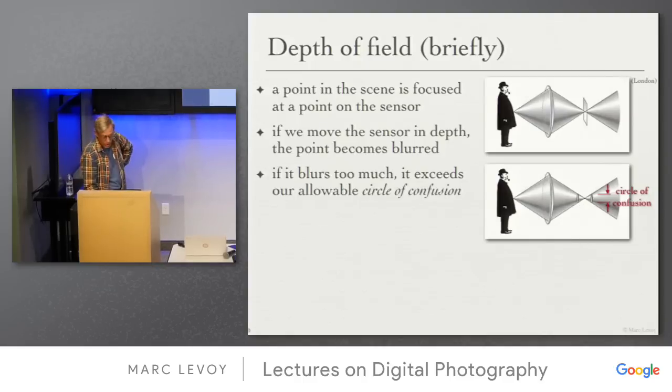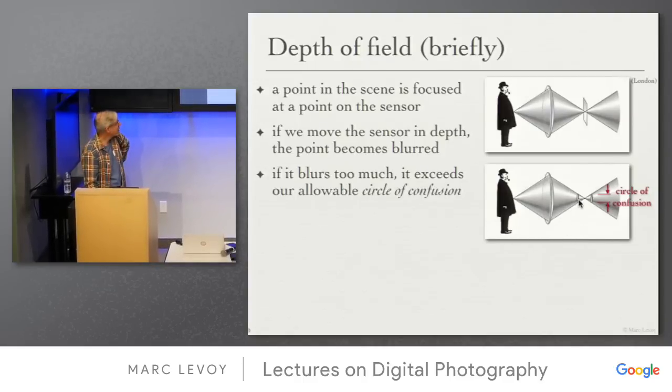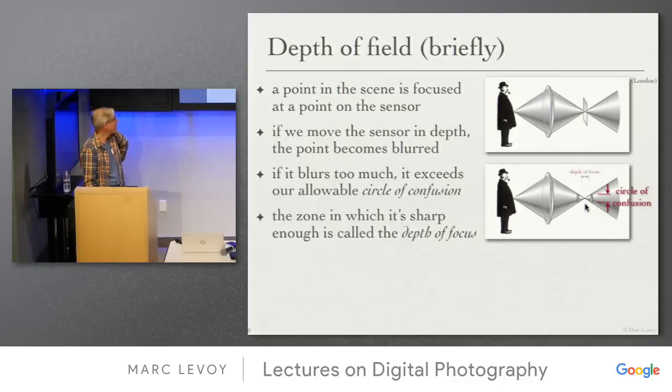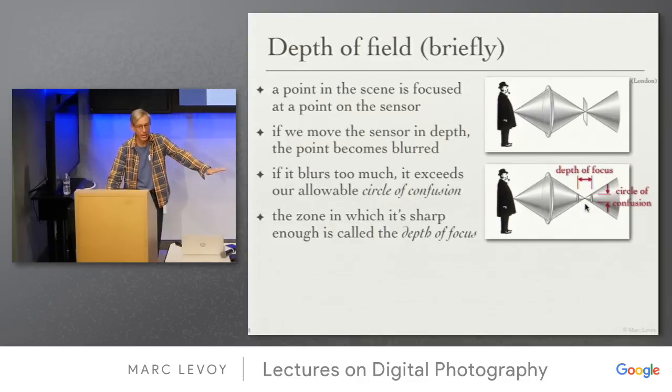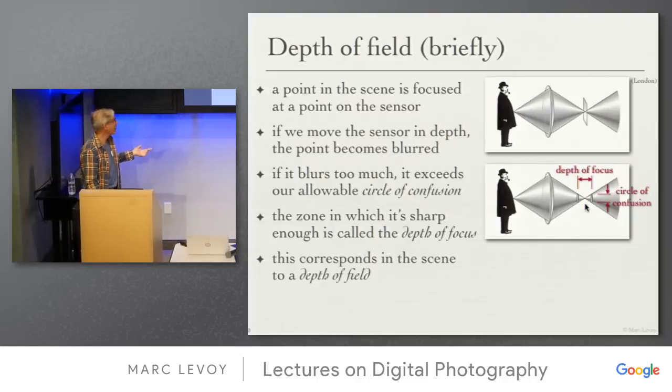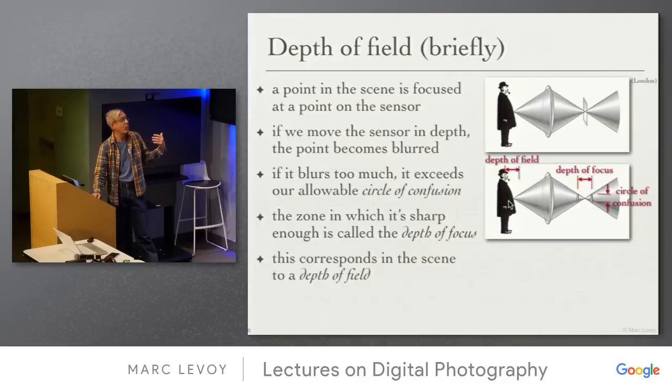So if you can allow it to be a little bit out of focus, there's a depth of focus allowable. That's inside the camera. That corresponds outside the camera to something called the depth of field. And the way to think about that is if this guy moved backwards a little bit, then instead of his coat coming to a focus here, it would come to a focus here.